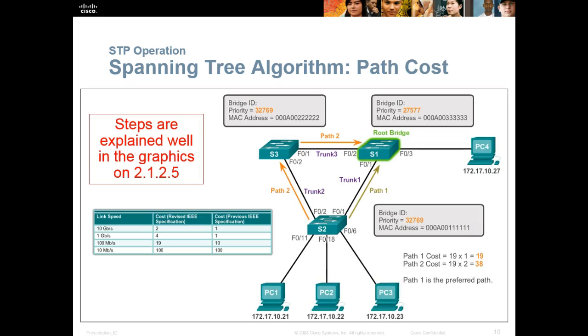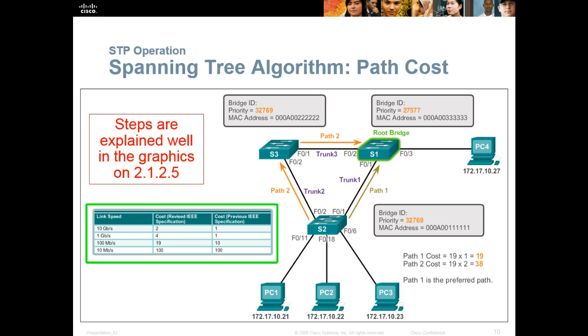Now, spanning tree algorithm and path cost. I said that spanning tree determines a way to make these costs. And you see on the chart over here on the left, this one here is what I'm talking about. It links the cost assigned for each bit of bandwidth.